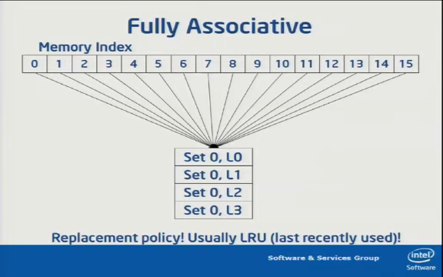And usually the policy is the one that has been used least recently will be kicked out. So the oldest one we'll always kick out. This is a general policy that people apply with that. So there is a little counter attached to each set or to each entry. And if a cache access or a cache replacement eviction takes place, this will be incremented by 1, and always the one that has the number 3 will be evicted.